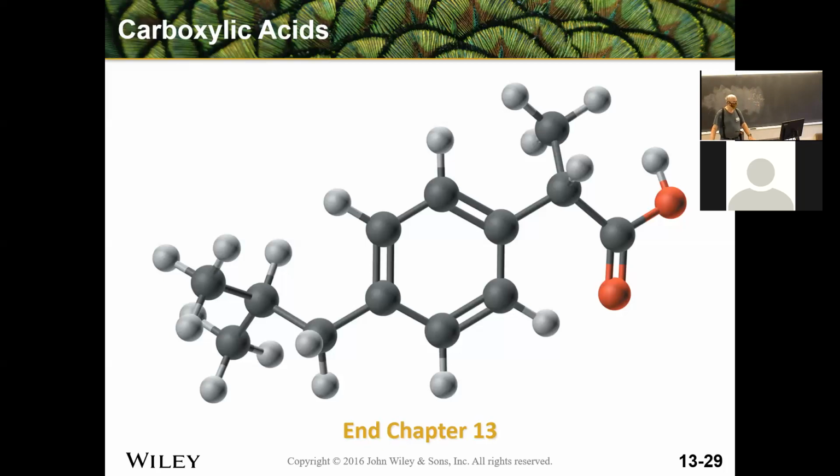Oxalic acid is found in spinach and rhubarb and a number of other natural products. Many carboxylic acids that are found in food, such as citric acid, acetic acid, and tartaric acid from grapes, all have a sour taste. Oxalic acid is really sour, so if you ever use rhubarb in cooking, you know you have to add a lot of sugar because this is really, really sour.